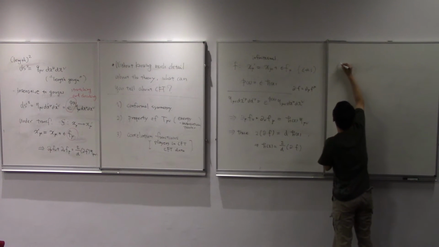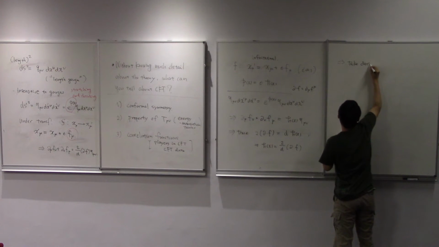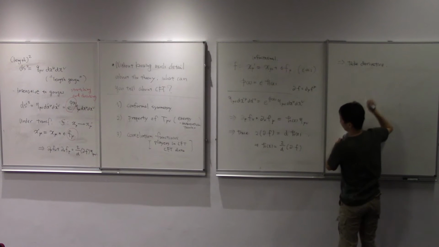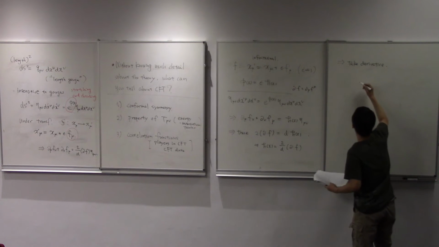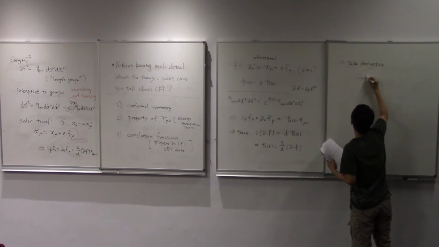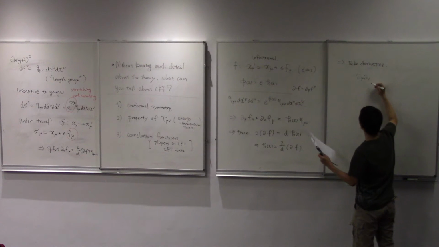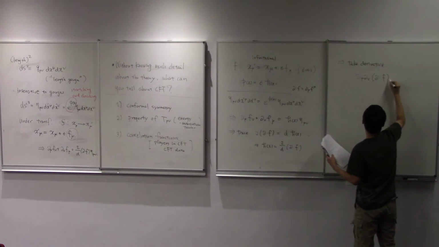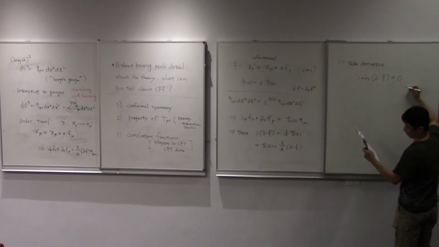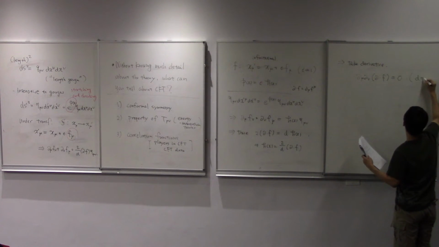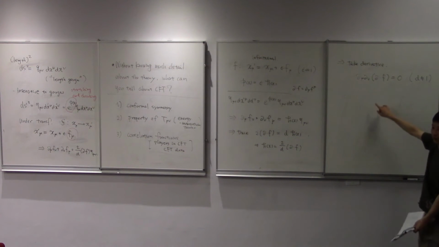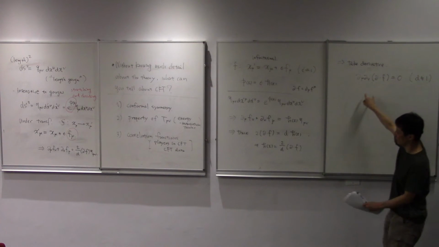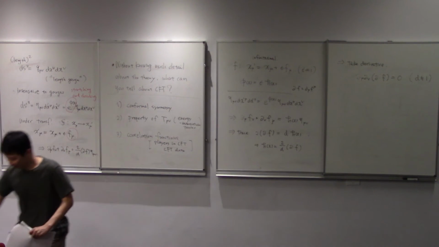What you do is take the derivative of this equation, and then you can show that, if D is not 1, you can show this. So this will be another exercise question.